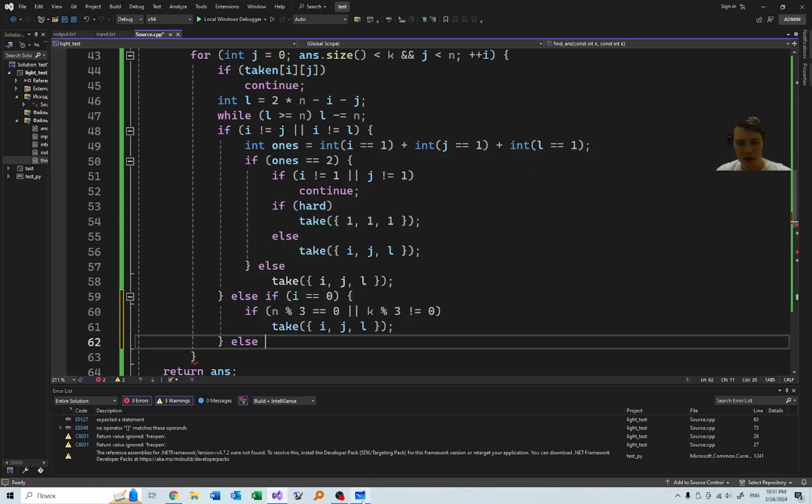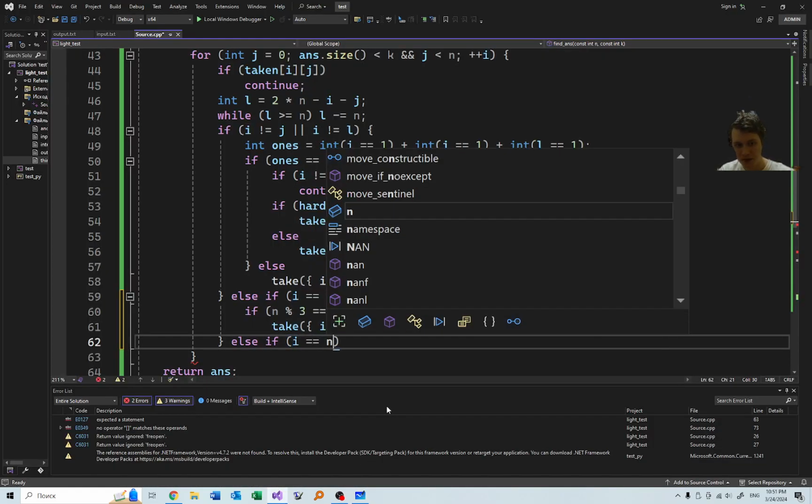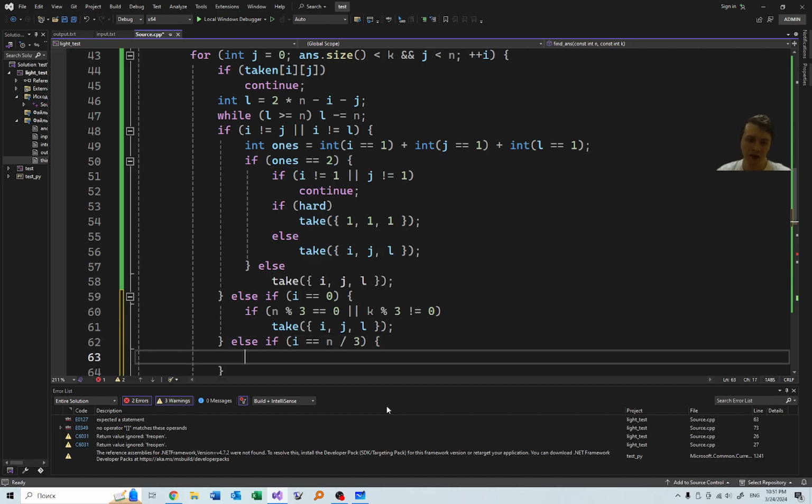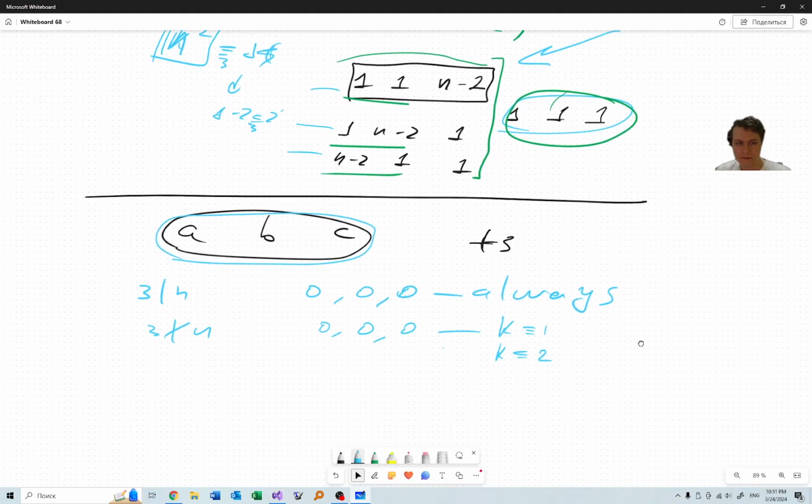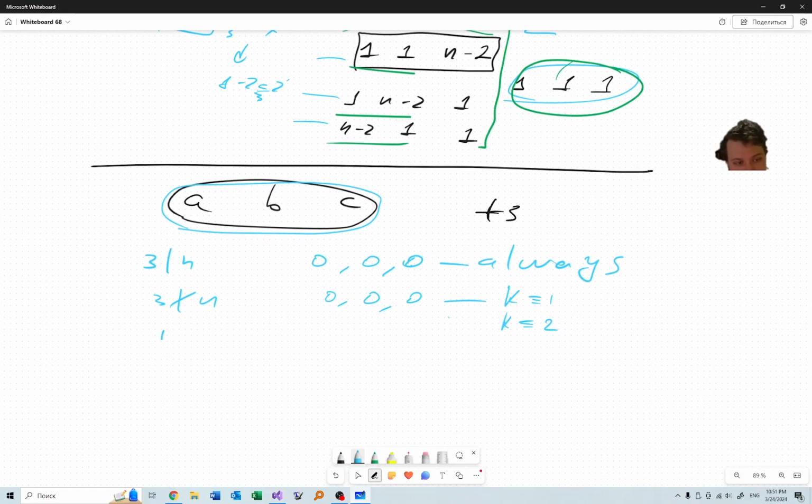Okay, otherwise we have two more cases. i is n over 3. So when do we take n over 3, n over 3, n over 3? We take it when it is divisible and when it is 1. Oh no, when it is 2. 0, sorry, 0 or 2.